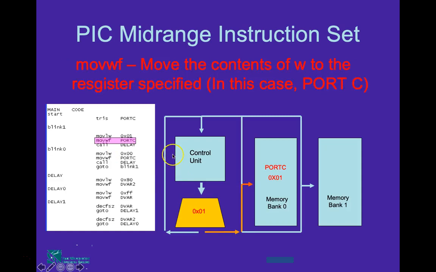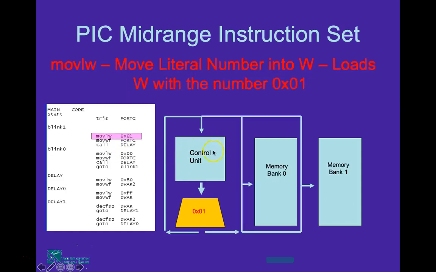You can see here in this example that this literal number has been moved to the working register, and the next operation says move WF, which means move whatever is there in the working register to the F. F is the file register.